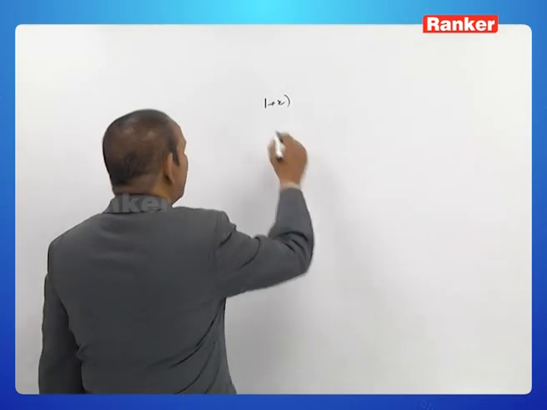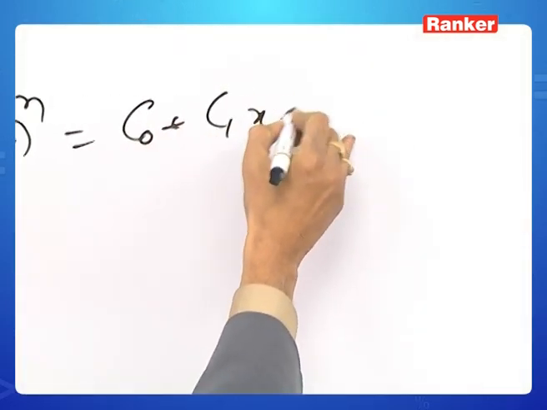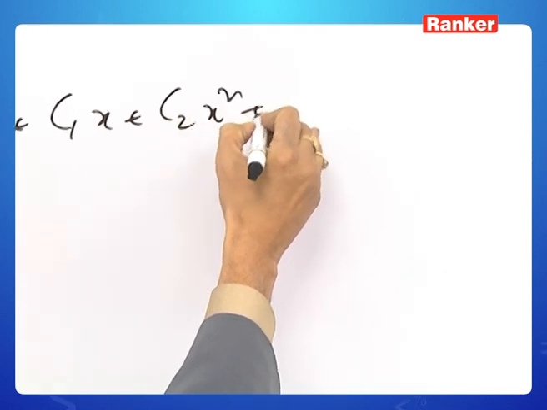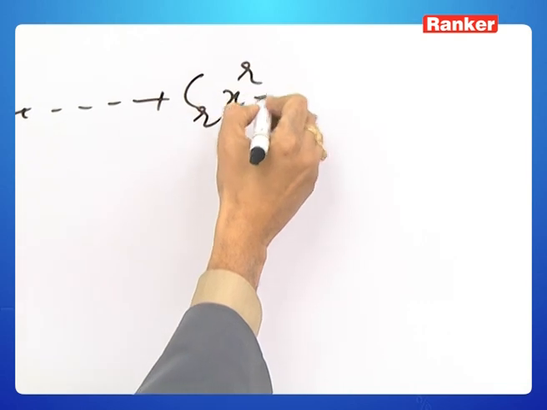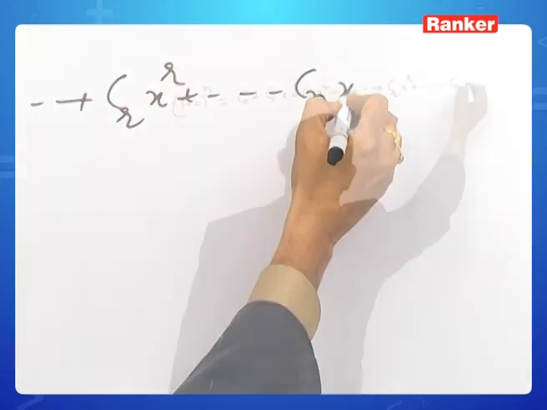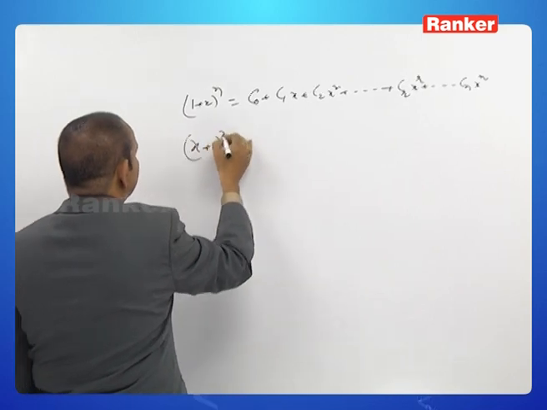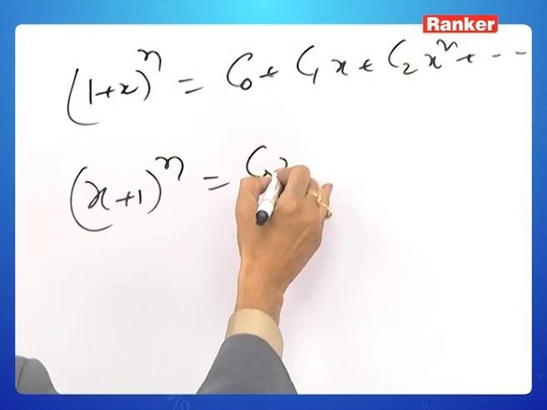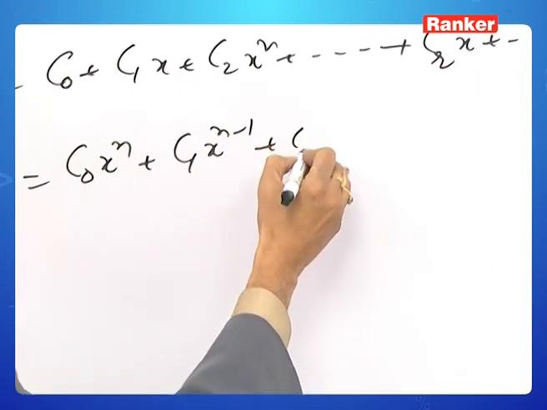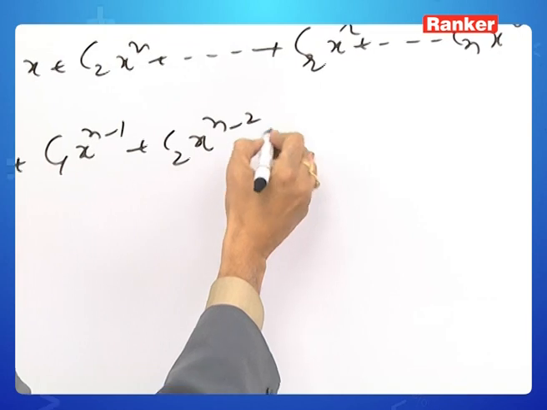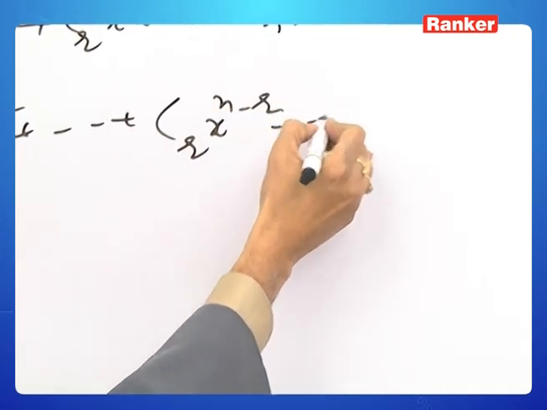We have 1 plus x whole to the power of n is equal to C0 plus C1x plus C2x square plus and so on, etc. CR x to the power of r plus etc. Cn x to the power of n. And just like that, x plus 1 whole to the power of n is therefore C0 x power n plus C1 x power n minus 1 plus C2 x power n minus 2 and so on, CR x power n minus r plus and so on Cn.